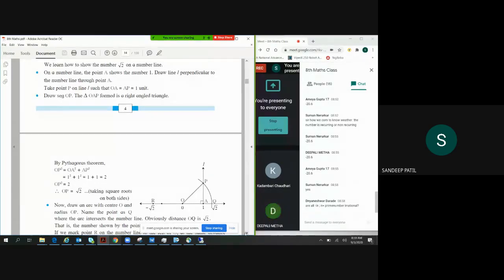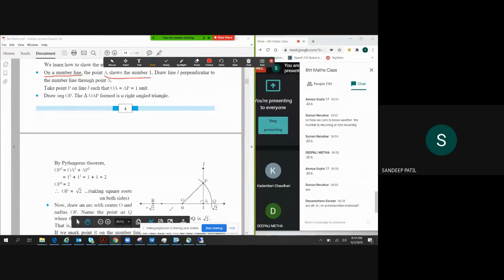So we'll go one by one. How to show root of 2 on a number line. On a number line, the point A shows number 1. We know that this is a number line, so this is 0 and this is 1, and here maybe somewhere 2.